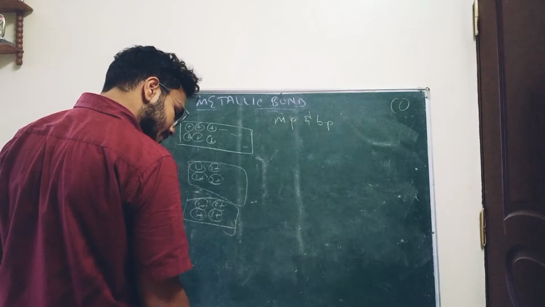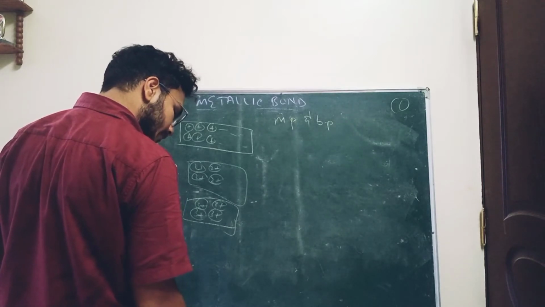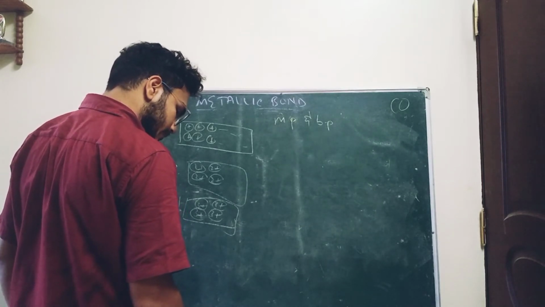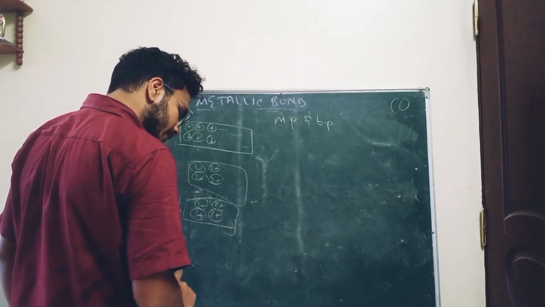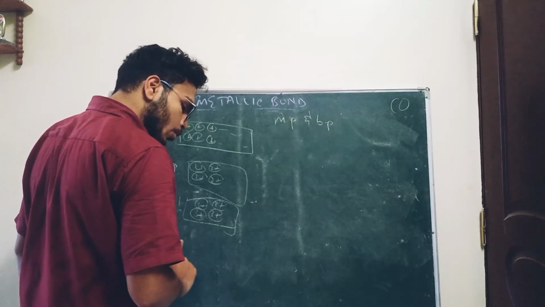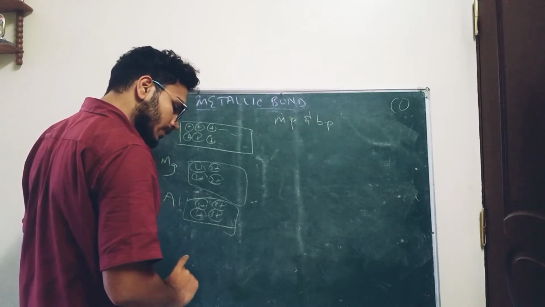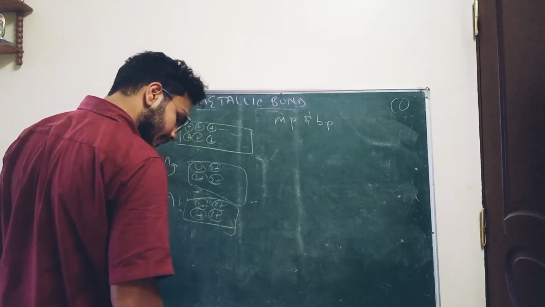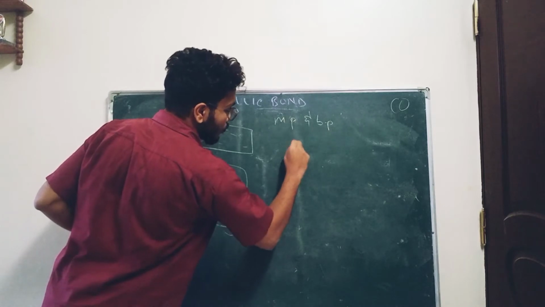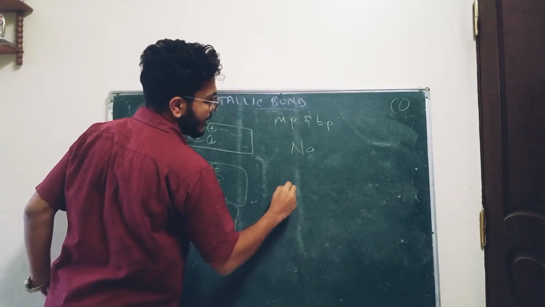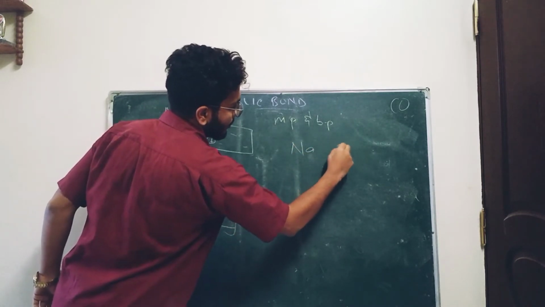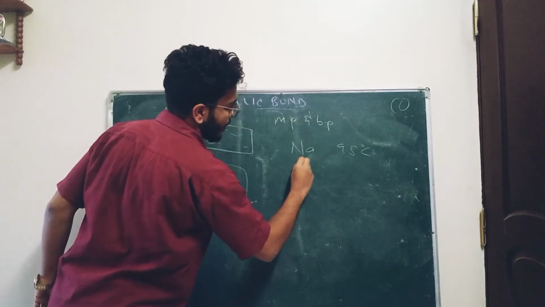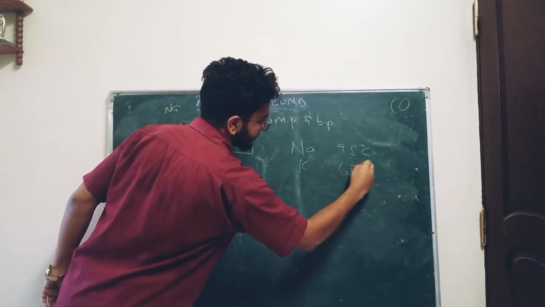When metals are in the same group of the periodic table, they will have the same number of delocalized electrons. However, they will have different atomic radii. The smaller the atomic radius, the stronger the metallic bond. Hence, sodium has a melting point of 98, while potassium has a melting point of 68.